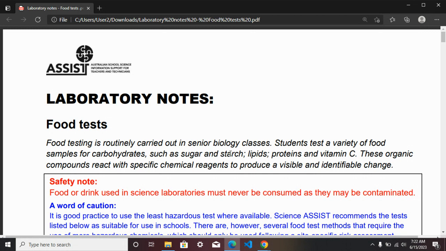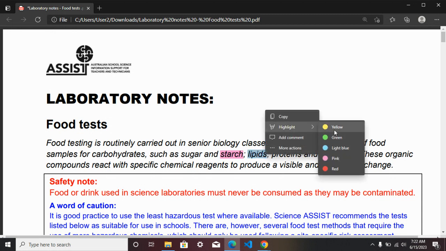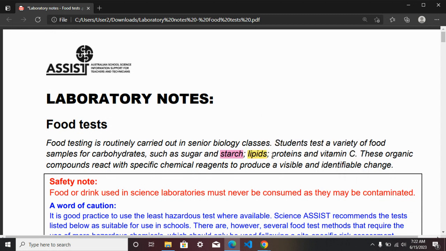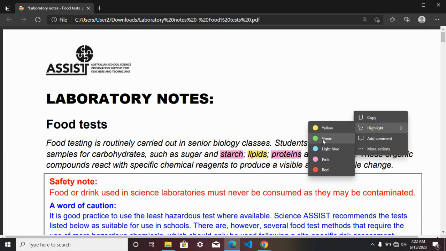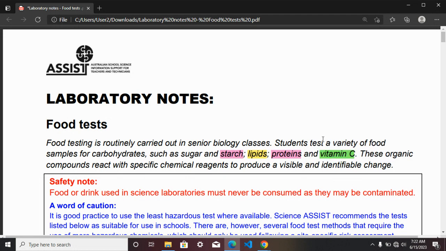We have the carbohydrates, which are actually called sugars. The very common carbohydrate is starch, which is commonly seen in many kinds of complex foods, and we have lipids, which stands for fatty materials like oils or fats in general. Another thing is proteins, and vitamin C as one of the vitamins, which is commonly seen in fruits.